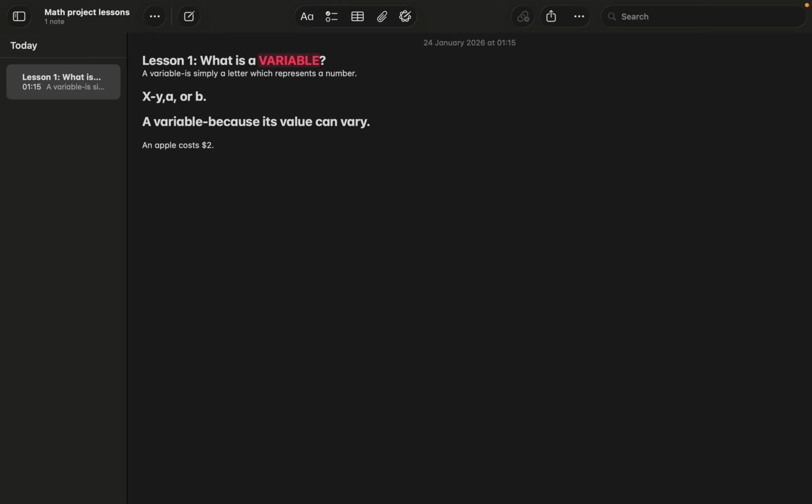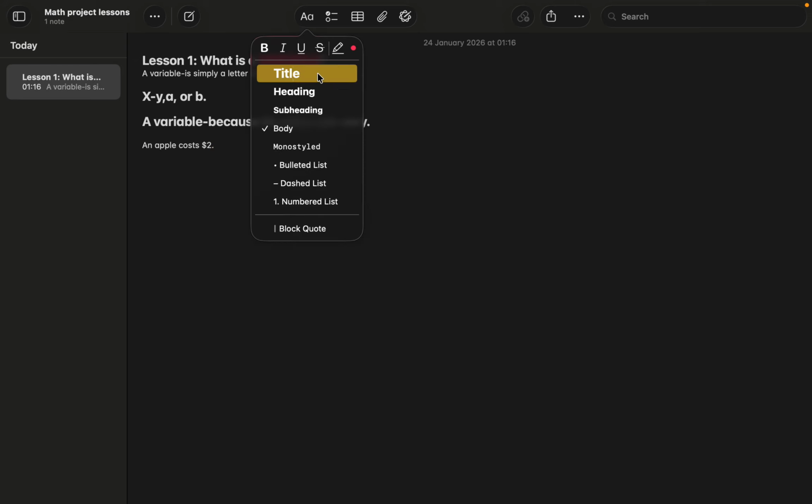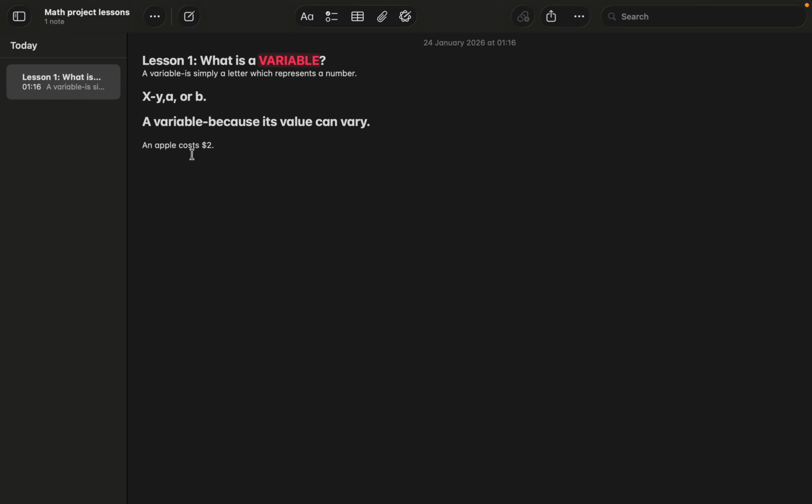And if you buy two apples, you pay $4. And if you buy three apples, you pay $6, etc. Now, instead of writing all these cases, we can use a variable.